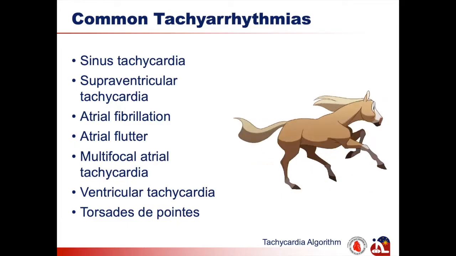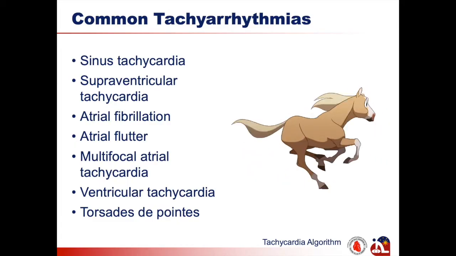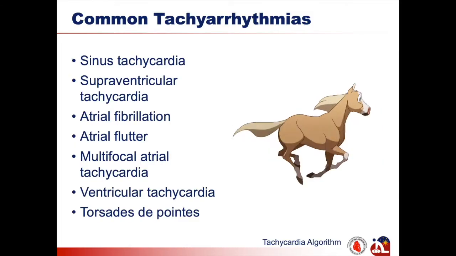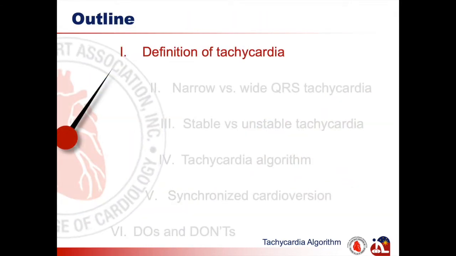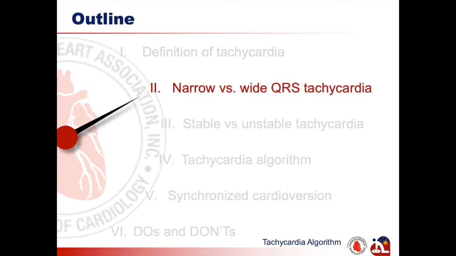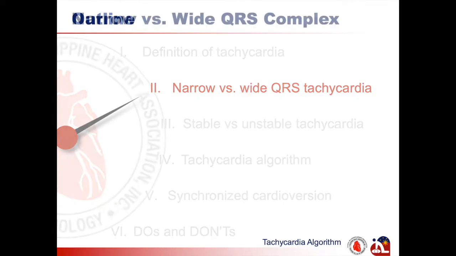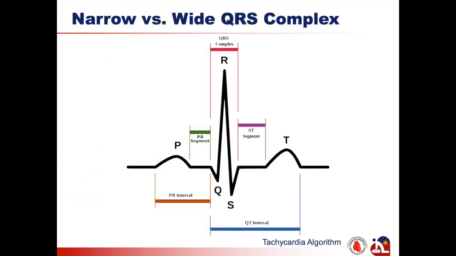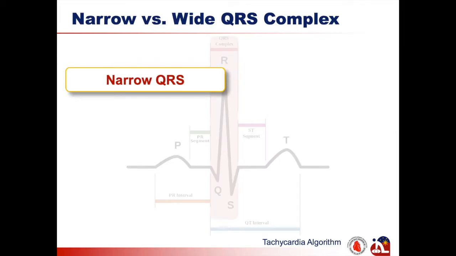Tachyarrhythmias, as we see on ECG strips or cardiac monitors, seem to be challenging and intimidating. To make it easy, the first step that you must do is to look into the QRS complex and determine whether the arrhythmia is a narrow or a wide complex tachycardia. To determine this, quickly measure the QRS duration. QRS duration is measured from the start of the Q wave to the end of the S wave.